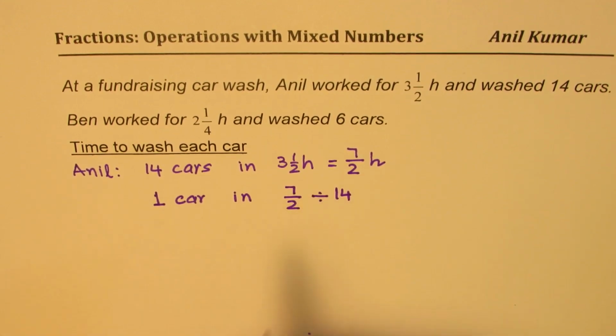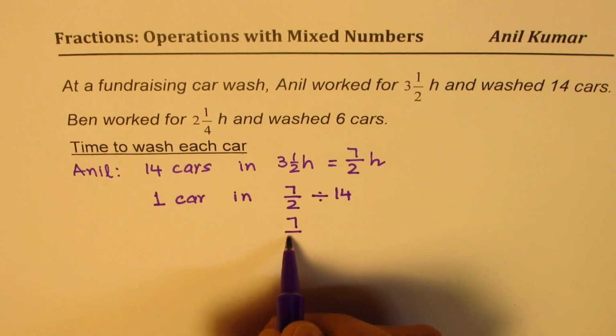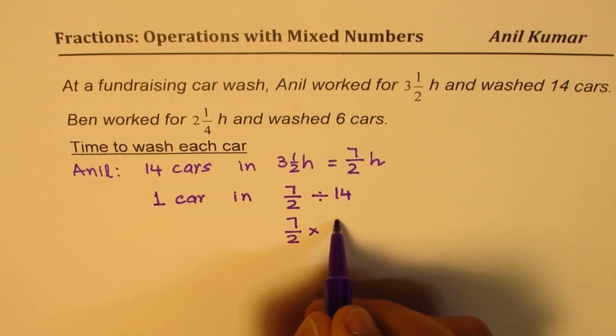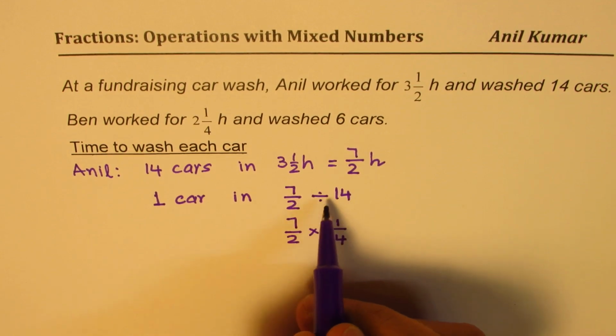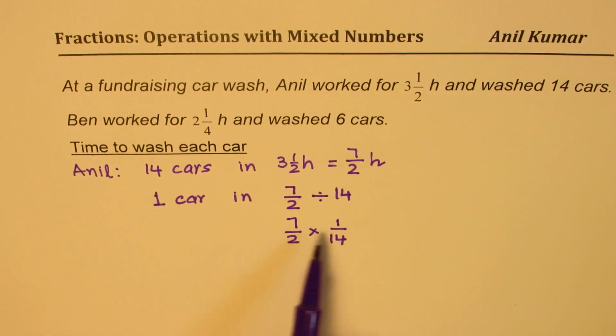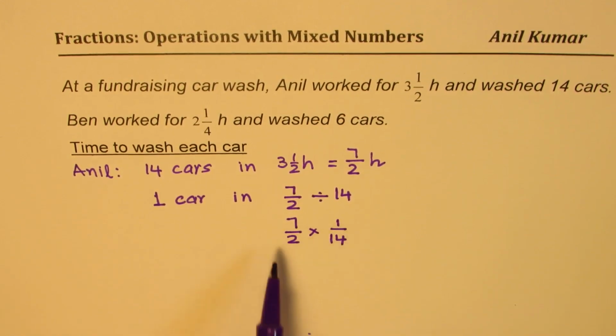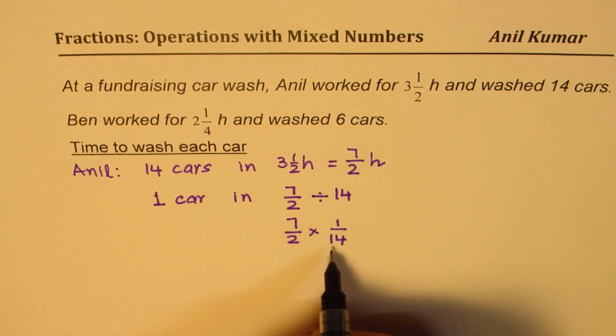So now divide means what? Divide really means, we'll write this as 7 over 2 times 1 over 14. Now divide is reciprocal of multiplication. So you write this as 1 over 14. Now to multiply them, you get 7 on the top and 2 times 14 in the denominator. Best way to simplify is, we can divide both by 7, right?